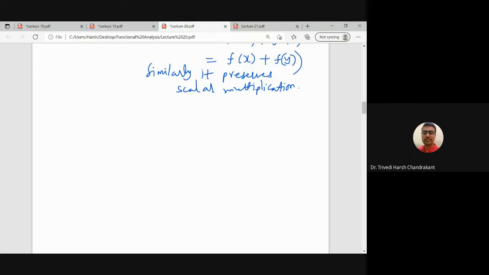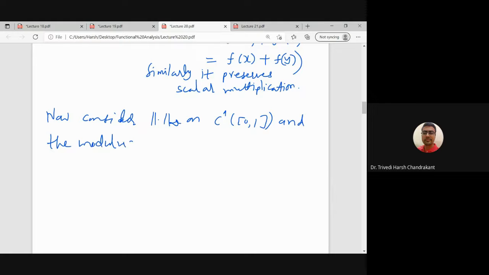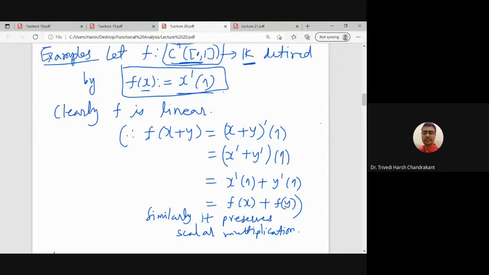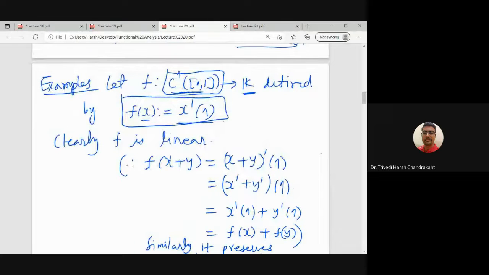So now consider the supremum norm on C[0,1] and the modulus on K. So now on domain and codomain we have norms, so now we can discuss the continuity of this function, whether this function is continuous or not.